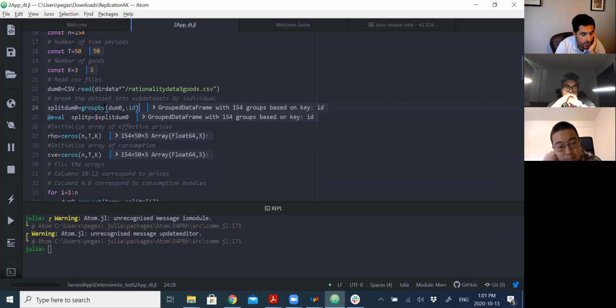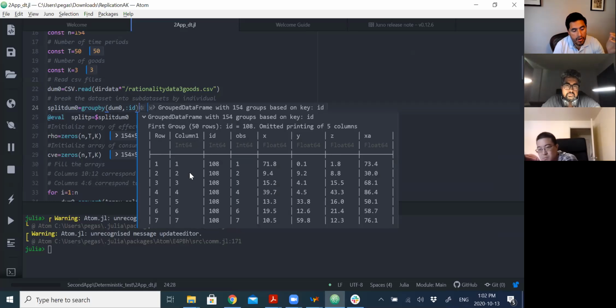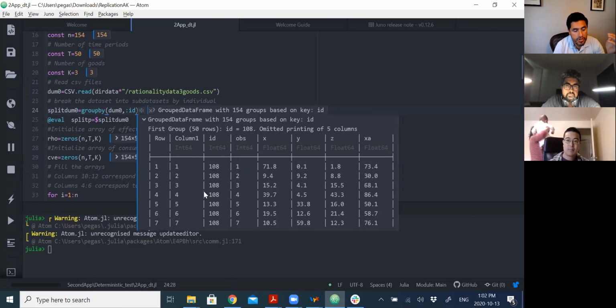So basically, by means of the ID variable, which is the individual identifier, it's going to create individual data sets. So as you can see here, we now have a collection of data sets, each of them being one of the individuals, okay?